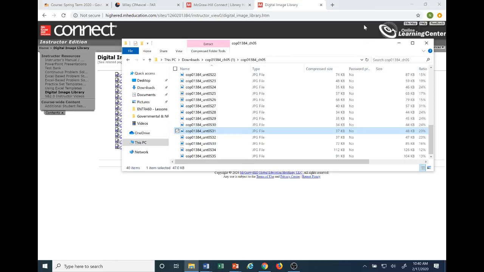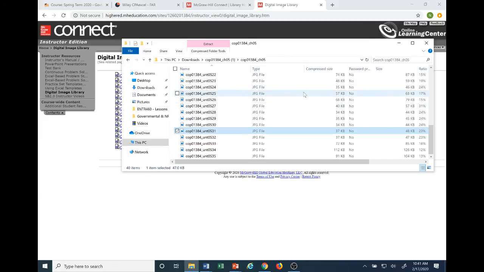GASB says the same thing. If we have this investment, then we have to account for these bonds at fair value. It's the same thing you're used to seeing from your intermediate class with trading securities and available for sale.